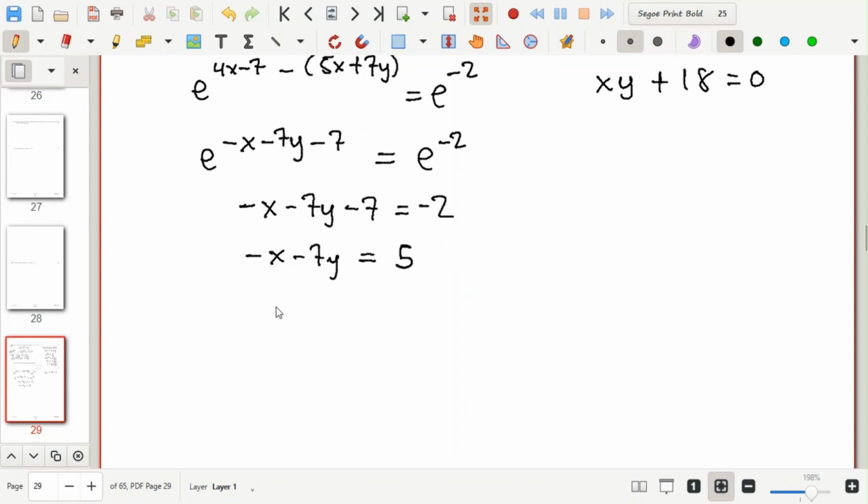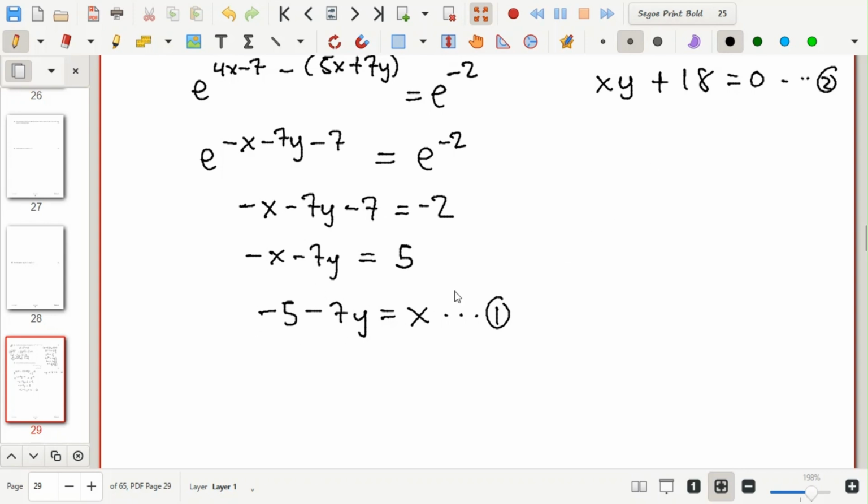Yeah, let me make x the subject. So when x comes here, and this one comes to the left hand side, I'm getting negative 5 is equal to x. Let me call this one equation 1, and let me call this one equation 2.